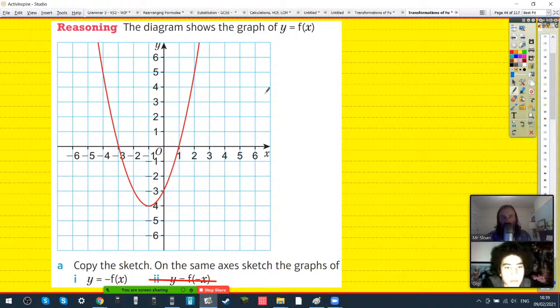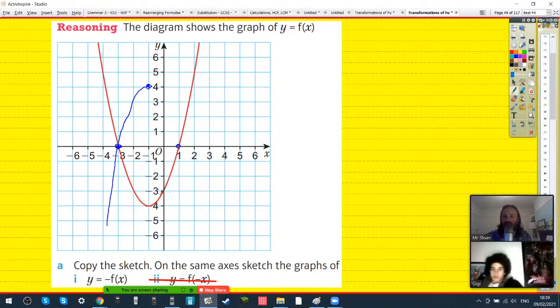Minus 1, minus 4 would move to minus 1, 4. Correct. What would happen to these two? Minus 3, 0 would stay the same. And the other one would also stay the same. Correct. And what type of transformation is this? Reflection. Yeah, reflection in the x-axis.